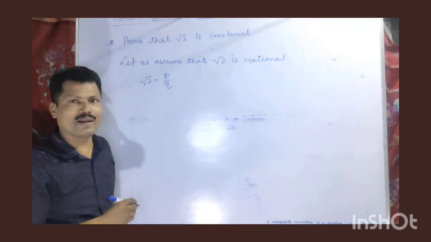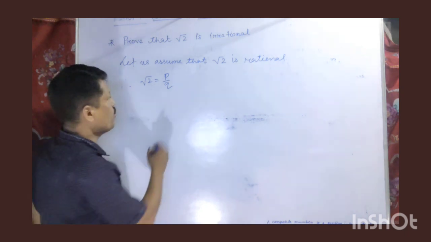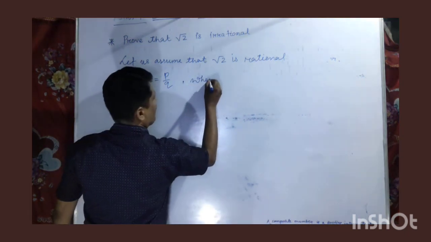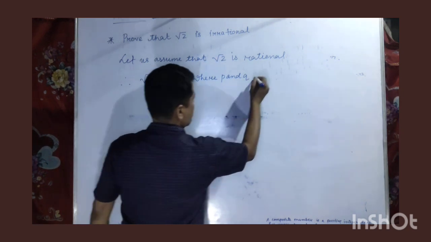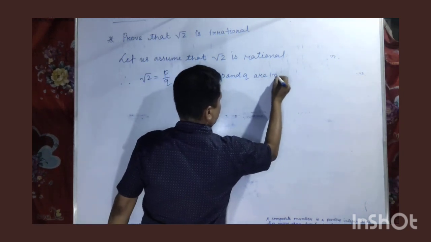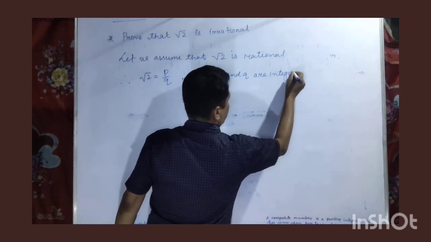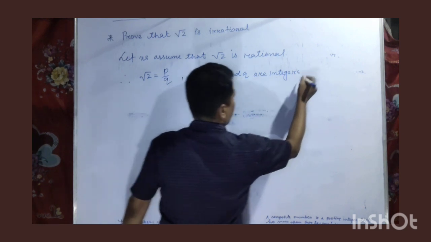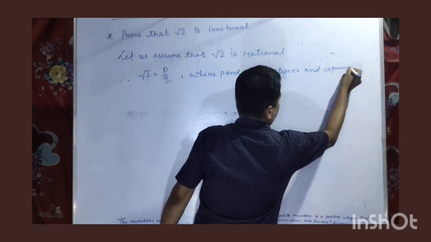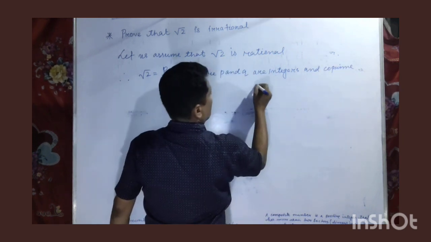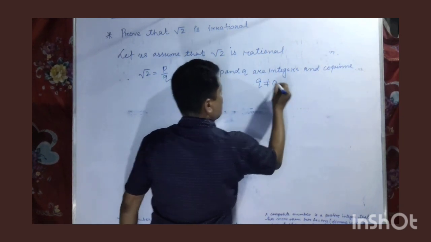If it is rational, then we can write it in the form p by q, where p and q are integers and coprime, and q not equal to 0.